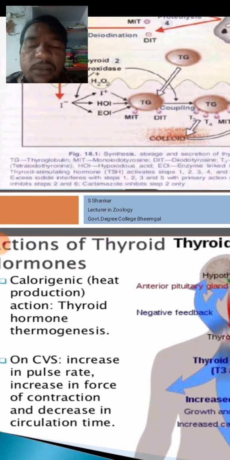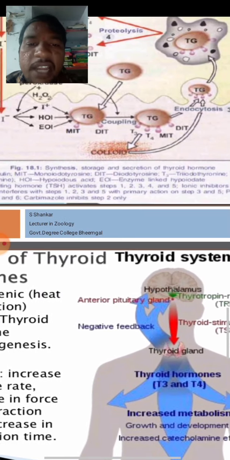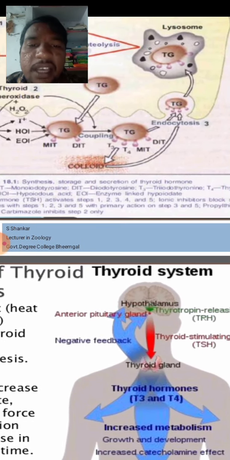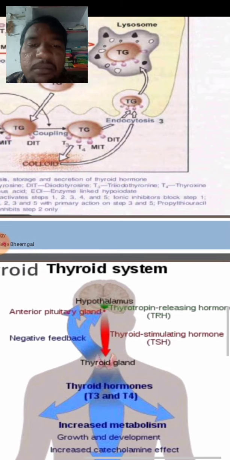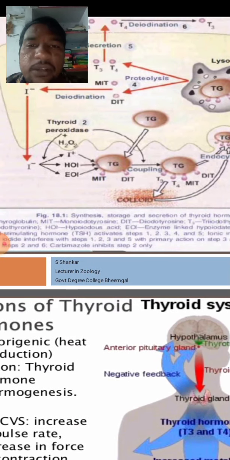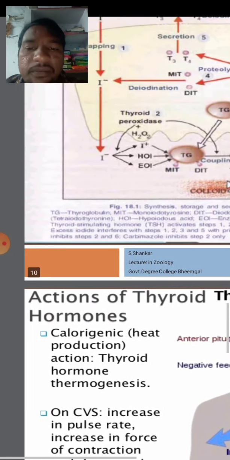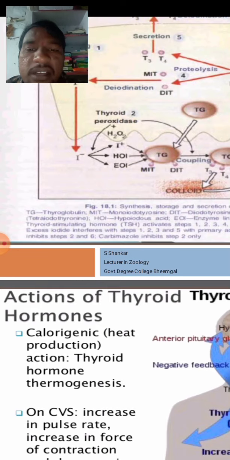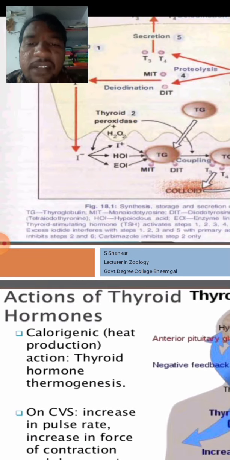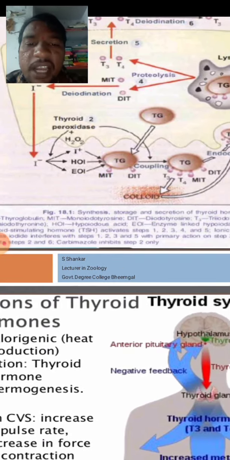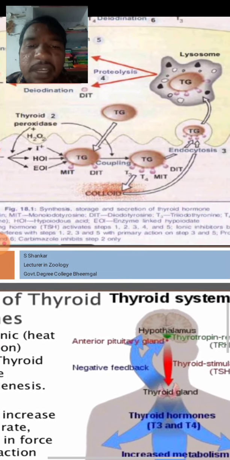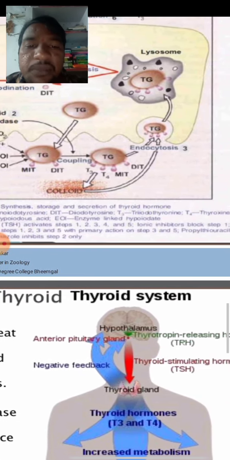Thyroid stimulating hormone, TSH, activates steps 1, 2, 3, 4 and 5. Ionic inhibitors block step 1. Excess iodide interferes with steps 1 to 5, with primary action on steps 3 and 5.